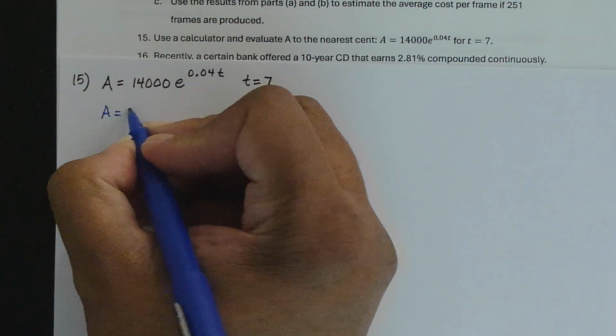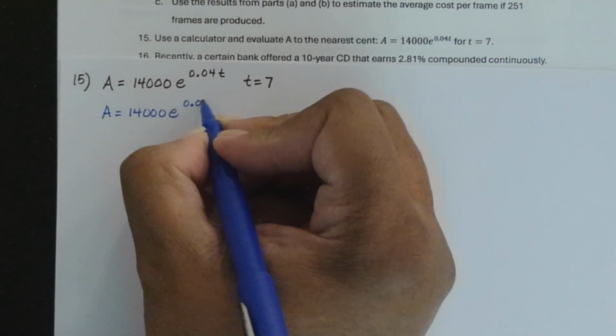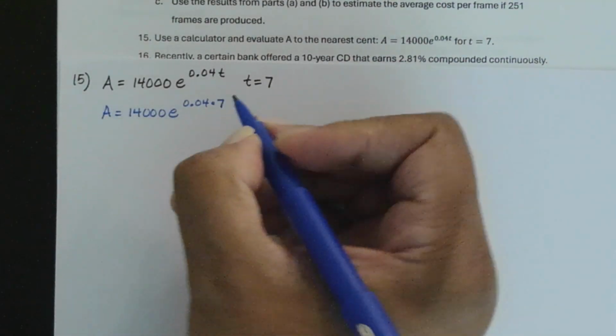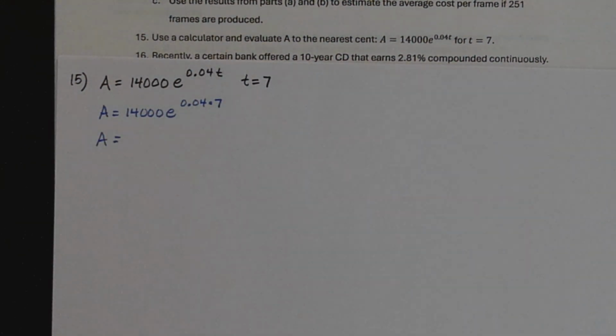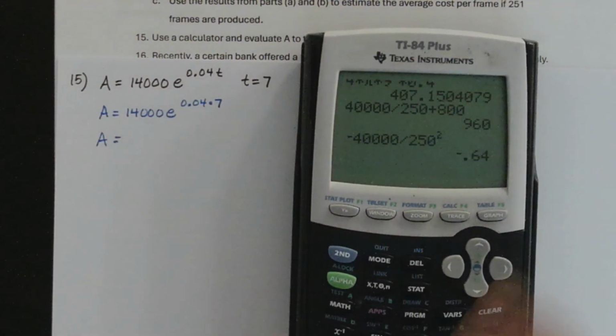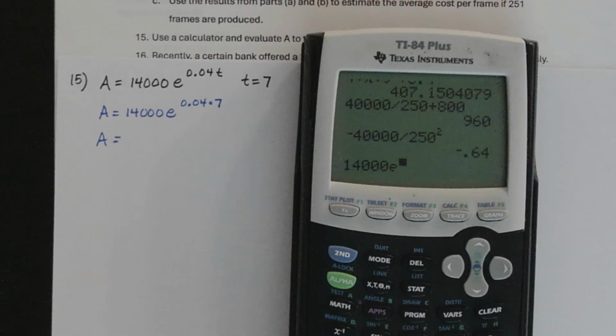So A is equal to 14,000 e to the 0.04 times t, which is 7. So it'll be 14,000, for the e it will be second ln, and then 0.04 times 7.